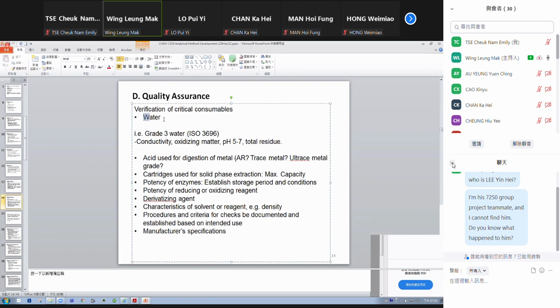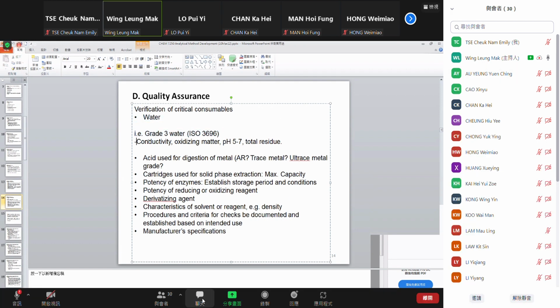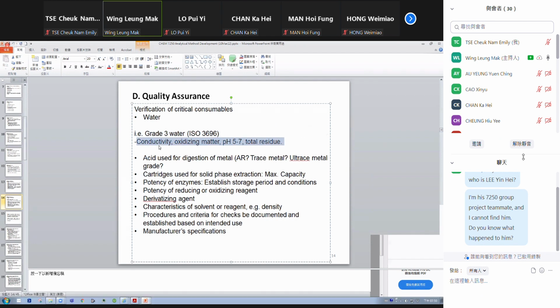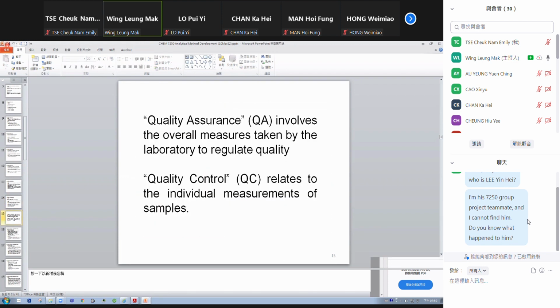The quality, this one that I showed you before, is grade 1, grade 2, grade 3 water. Several tests should be conducted before those waters can be used. This one is the same, repeated. This is the definition, repeated, and I'm sure you can read it by yourself.